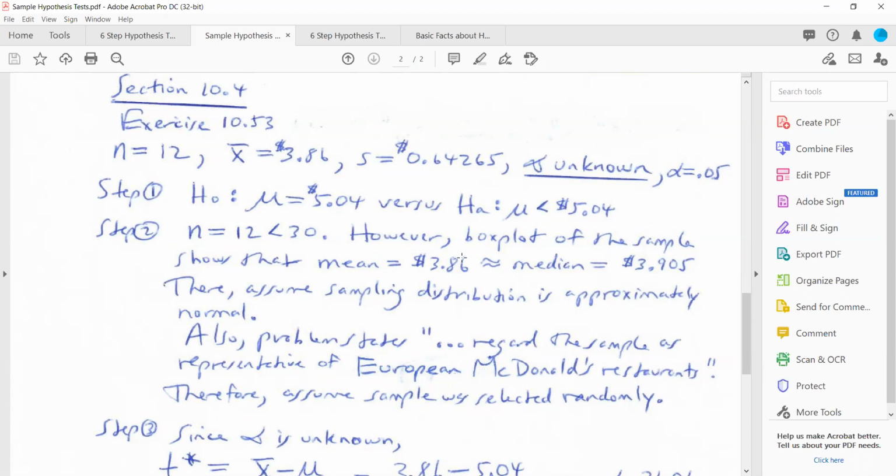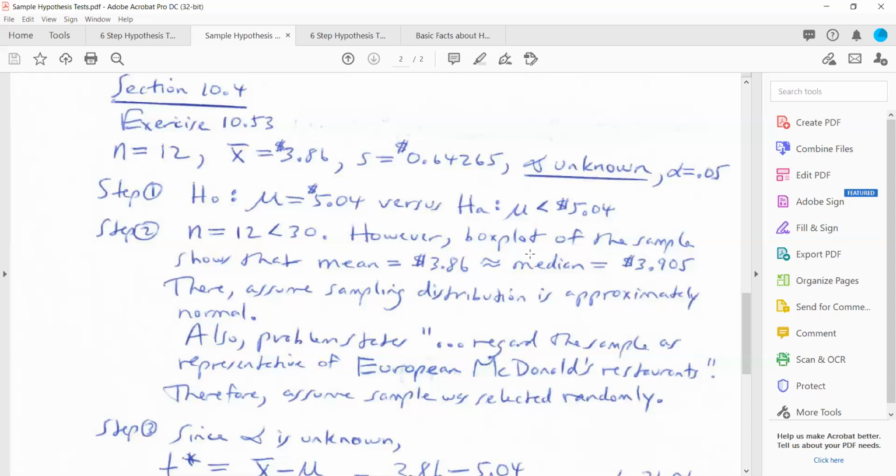So if the sample size is at least 30. Now, if the population is normal, is approximately normal, then the sample size doesn't have to be 30, it could be less than 30. Now, in this particular case, the sample size is less than 30 because only 12 of these prices were given. So we have to determine if the population is normal.